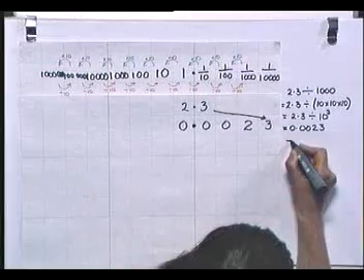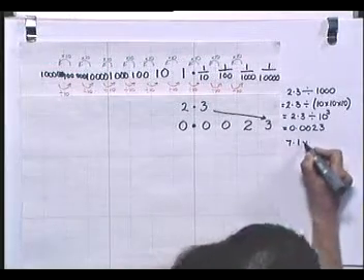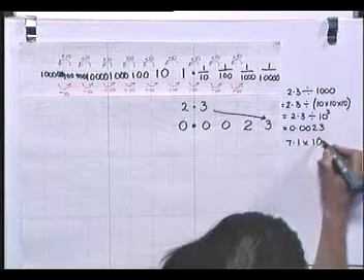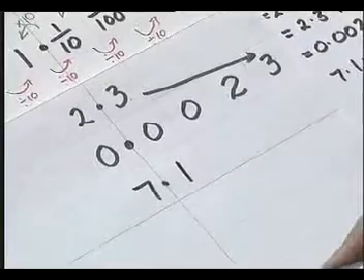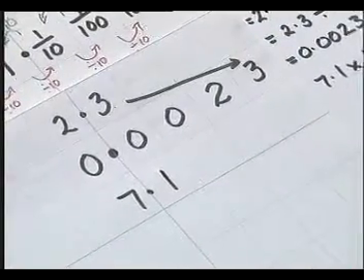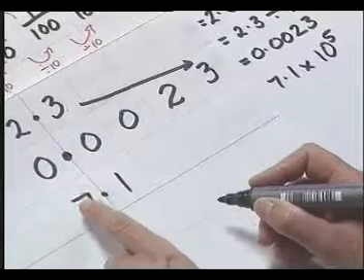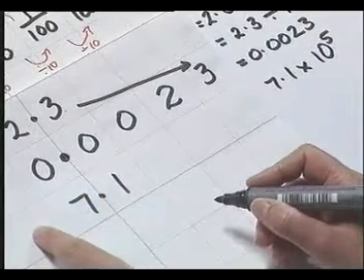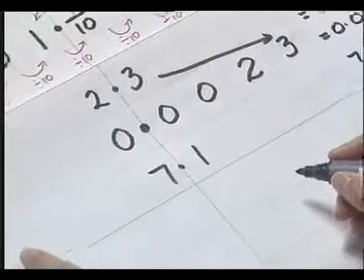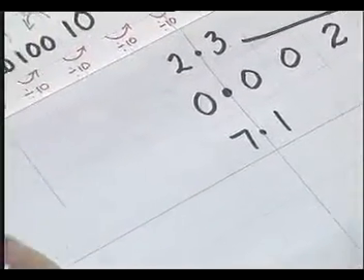Now let's have a look at just 2 more examples where we've used powers of 10. Let's have a look at 7.1 times 10 to the power 5. Well, here's our 7.1. Times 10 to the power 5 means that our 7 is going to be multiplied by 10 and 10 and 10, that's 3, and 10 and 10.